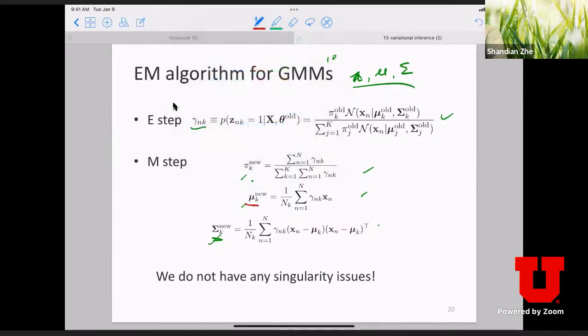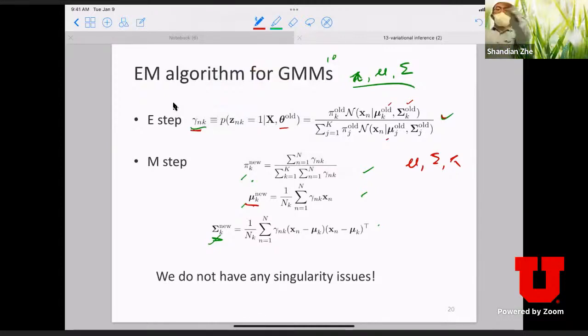So here, when you calculate the E step, I want to emphasize again, this is very important. Don't get confused. You get this gamma nk completely from mu k old, sigma k old, those things. Here, you're going to assume all those are constant. We optimize mu, sigma, and pi. You're not going to change mu k old, sigma k old. They're just fixed.